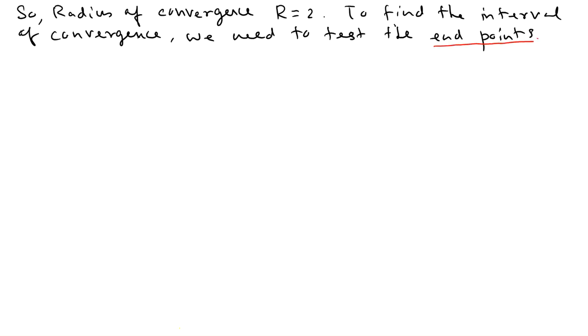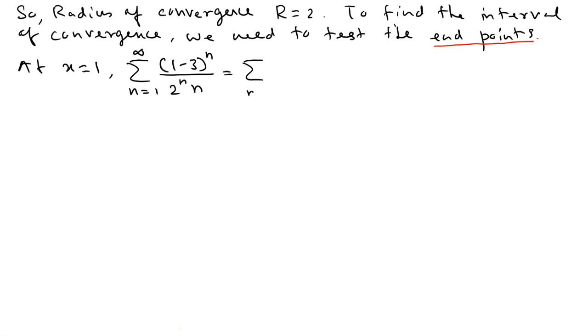So let's do that. At x equal to 1, we're going to go back to the original series and plug in that value. So you can see this is (1 minus 3) to the n over 2 to the n times n.